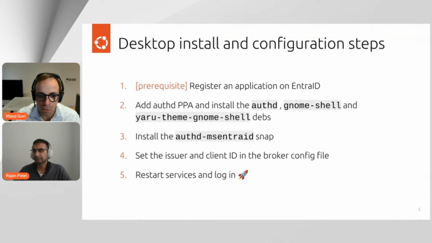This you need to do for both desktop and server, but specifically for the desktop, because we also want to support interactive authentication via GDM. You also need to install additional GNOME shell and authd GNOME shell debs. These are the parts of the system that allow the display of, for example, the QR code.